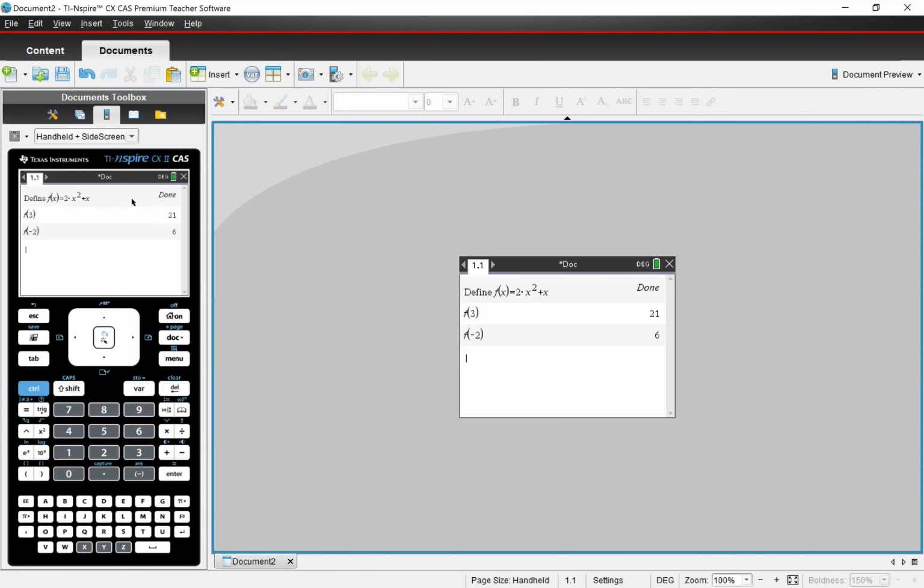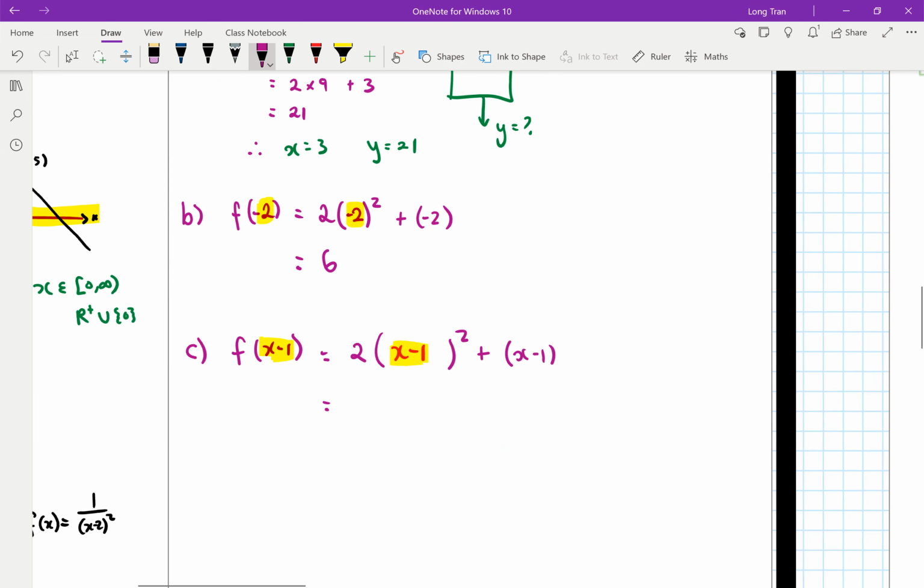So I'm going to do that on my CAS, x minus 1. Normally we expand that, but I guess that works too. So you can expand f of x minus 1, and you should get 2x squared minus 3x plus 1, but I'll prove it to you. Here we can do it by hand, and you can expand the brackets.